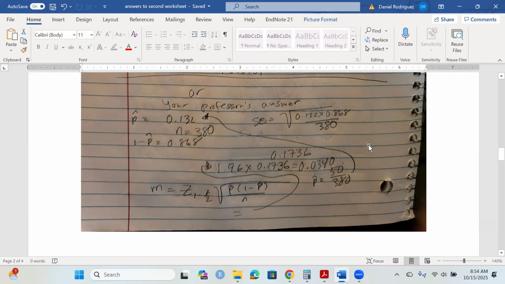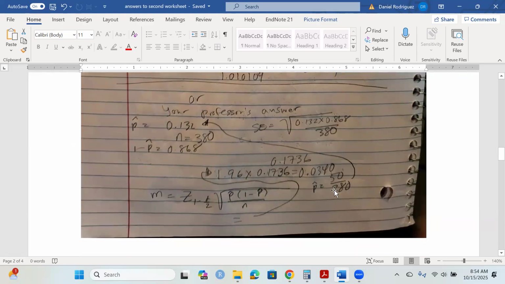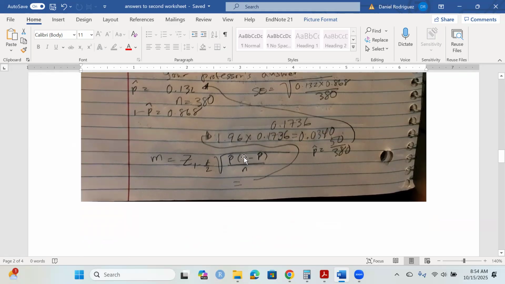So let's start by calculating the proportion. The x was 50 again, so that's what she meant: 50 successes divided by 380. That gives me 0.132. The equation she's using here for the standard deviation is the estimated proportion times 1 minus the estimated proportion, divided by n.